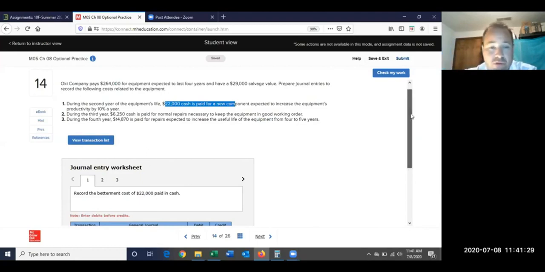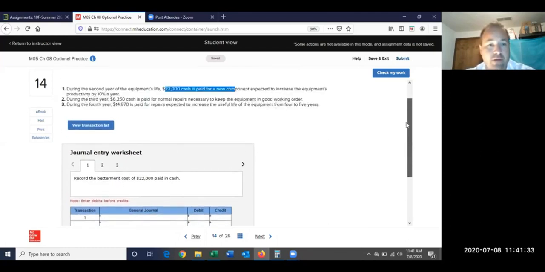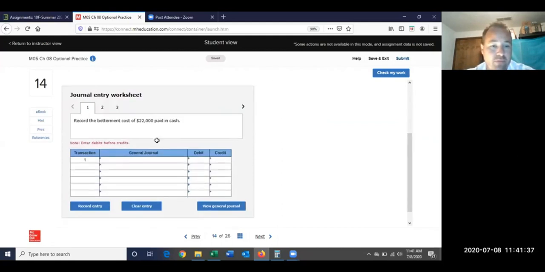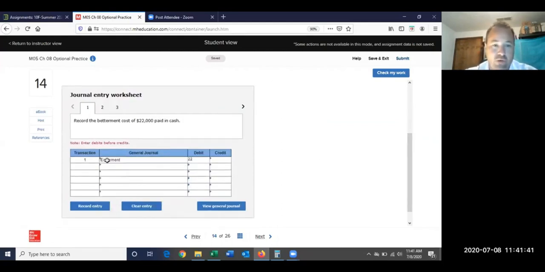Well, this does one of those, it increases its value and makes it more productive. So I'm going to debit the equipment for the $22,000. We don't call it a betterment cost or any expense. It just goes right into the equipment, and credit cash.